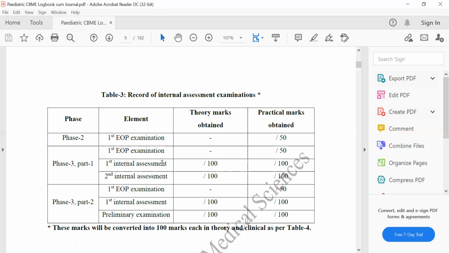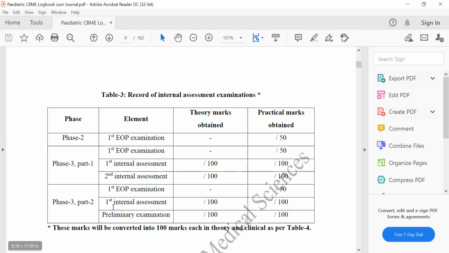So according to the NMC guideline, at least we have to take 2 formative assessments. So that's why in phase 3 part 1, I have mentioned the first internal assessment, second internal assessment, theory and practical both, and the ward ending exam also.